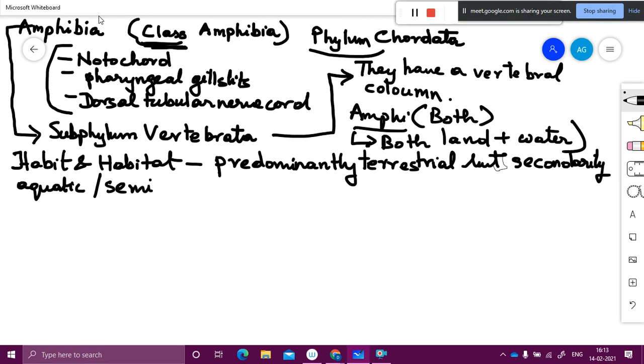or semi-aquatic. They are aquatic or semi-aquatic. So one stage of their life cycle must be in water.